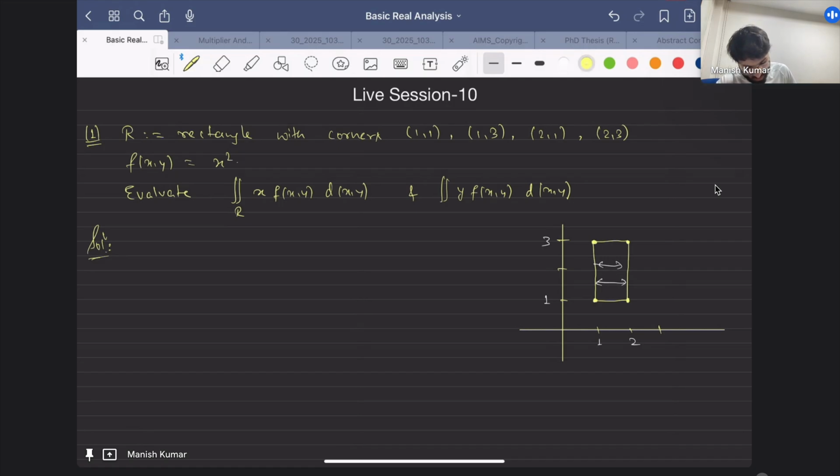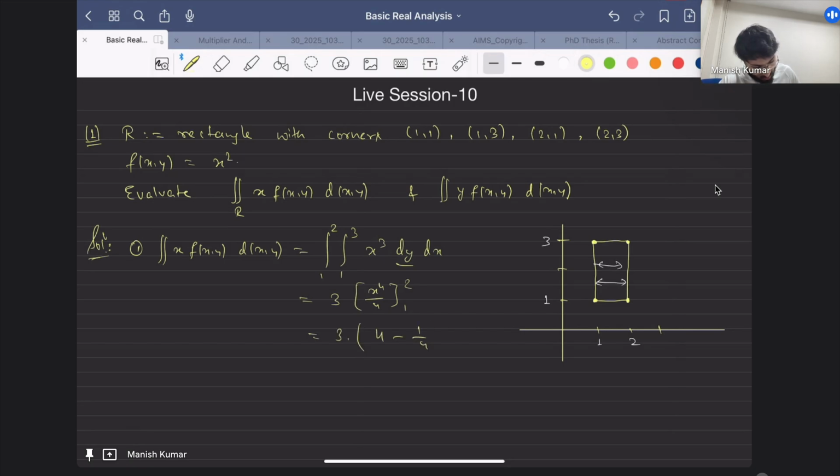Let me go with the first one. The integral of x f(x, y) d(xy) is equal to the integral from 1 to 2 and then from 1 to 3 of x times x squared, so this is x cubed, and then you have dy dx. So dy will give you 3, and this will give you x to the fourth by 4 from 1 to 2, 3 into (4 minus 1/4).